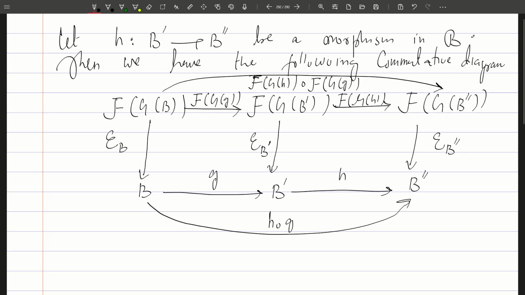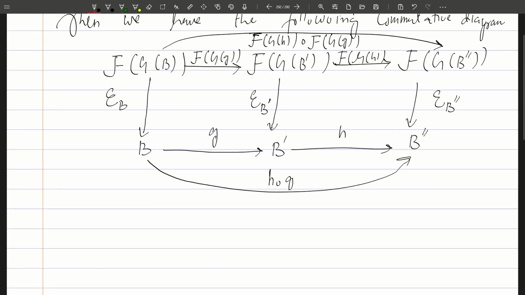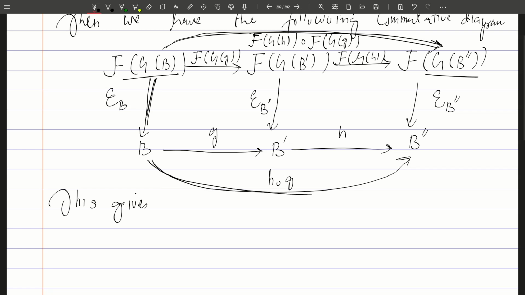Now, if you take this morphism from this object to this object, it is the same as first going via this map epsilon b, followed by this map, and then this map, which is epsilon b double prime inverse.